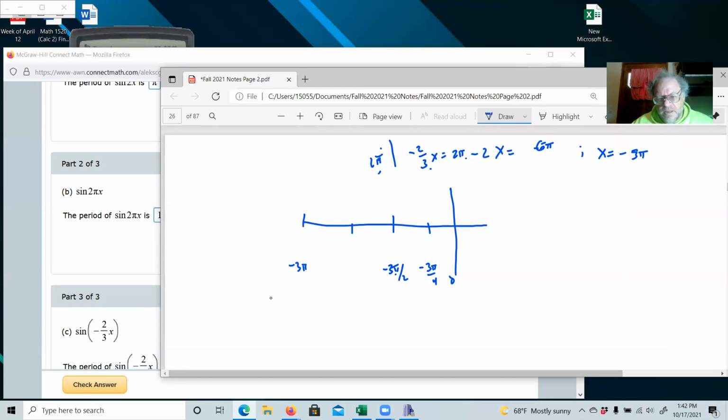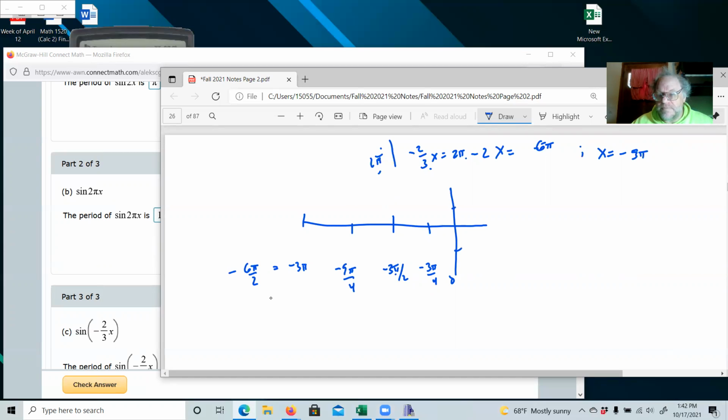So 6 pi over 2, what's that equal to? It's equal to 3 pi. So now I can average these, can't I? I could say negative 6 halves plus negative 3 halves. What's between negative 6 halves and negative 3 halves, right? And that's going to be negative 9 pi over 4, because we're adding them together.